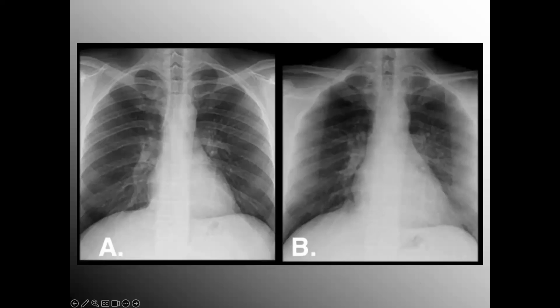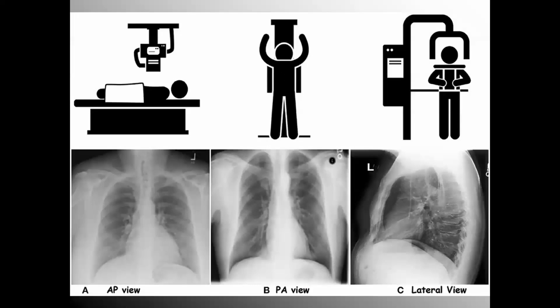Let yourself sit back a moment and take that in. So on the left, we know it's PA. On the right, even if I only remembered the rule where I see perfect scapular shadows, most likely it would be an AP X-ray. Just a general way of thinking about it.